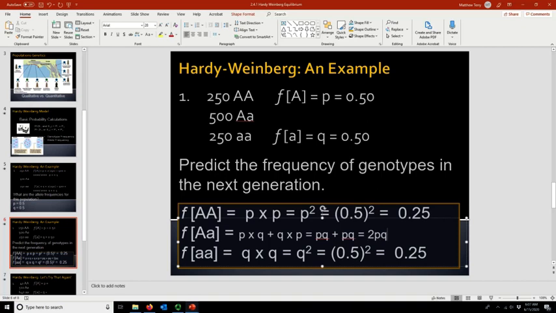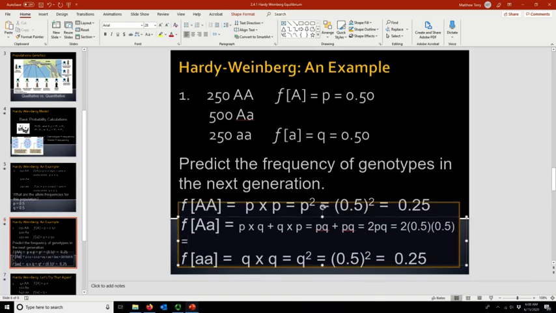Okay, so in this case, 2PQ is simply 2 times 0.5 times 0.5, and that equals 0.5.